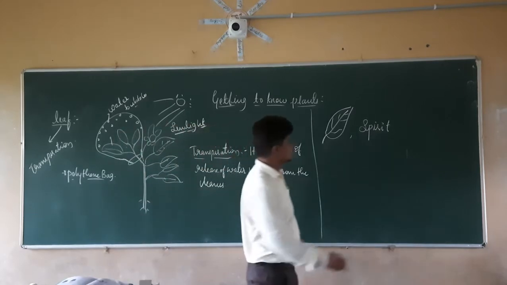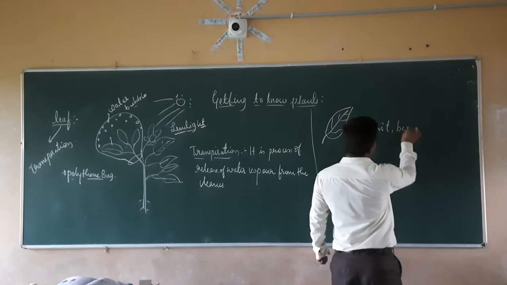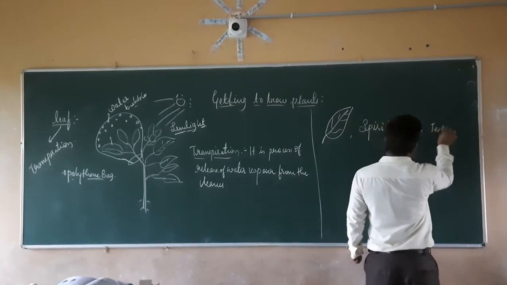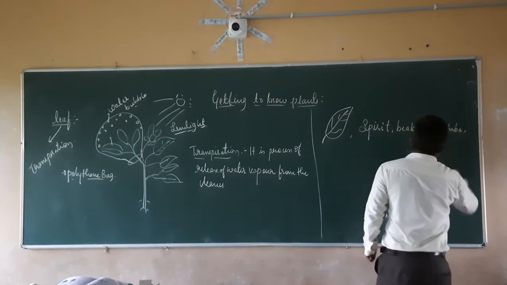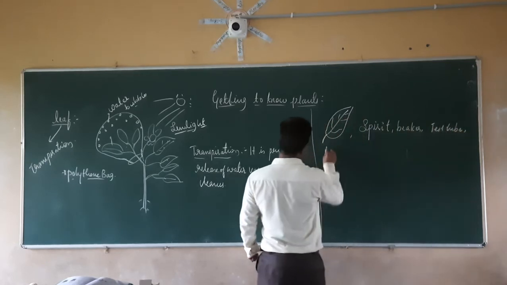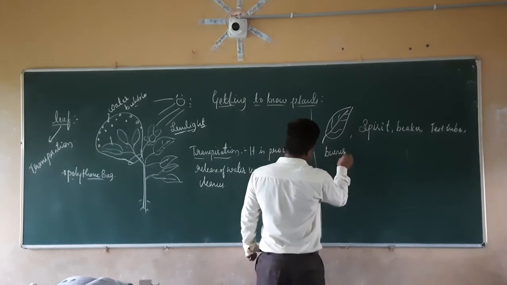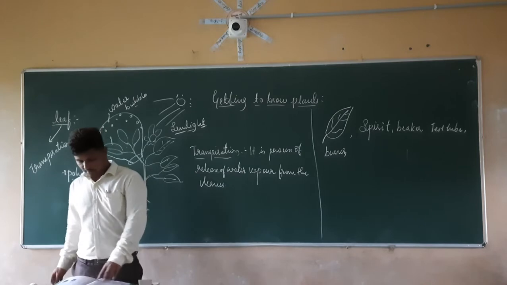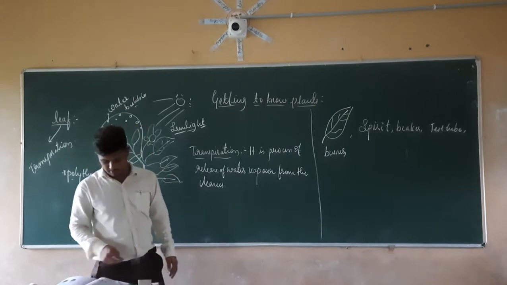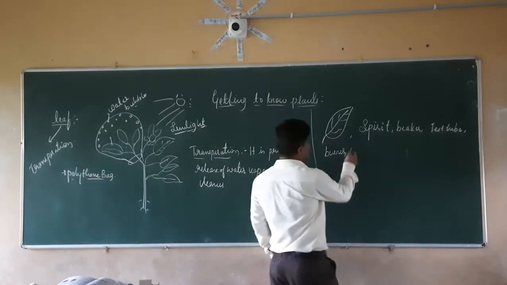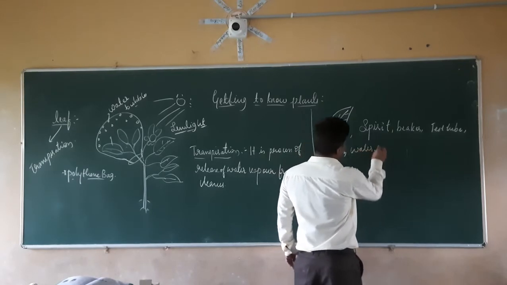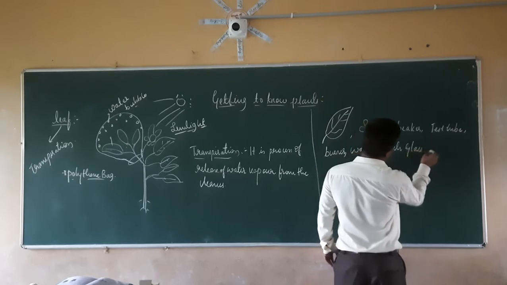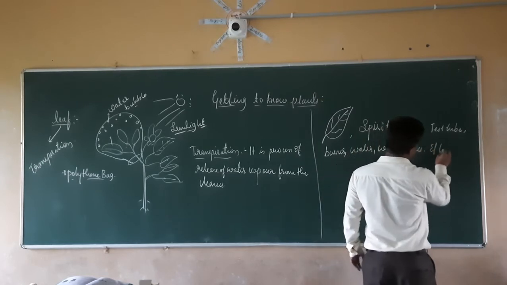We are going to require a leaf, a spirit, a beaker, a test tube, a burner, water, a washcloth, and iodine solution.